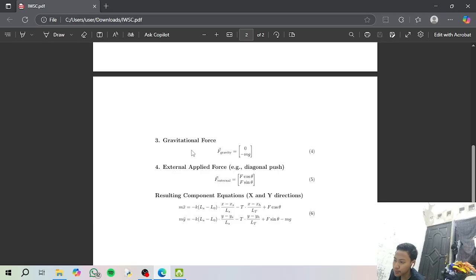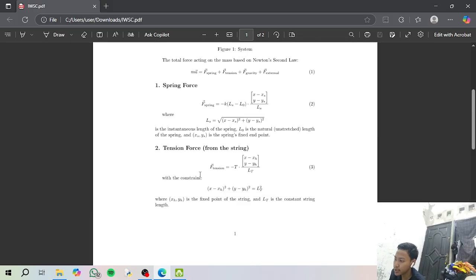The third force is the gravitational force. It only works in the y direction, so it's negative m times g, where g is the acceleration of gravity. And the final one is the external applied force. This is the force that I gave.